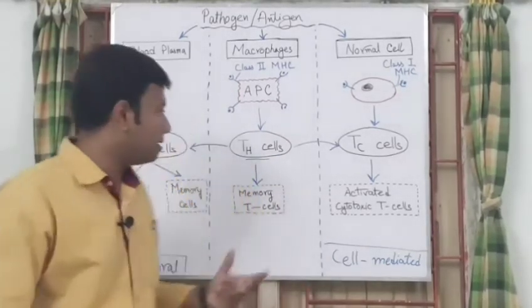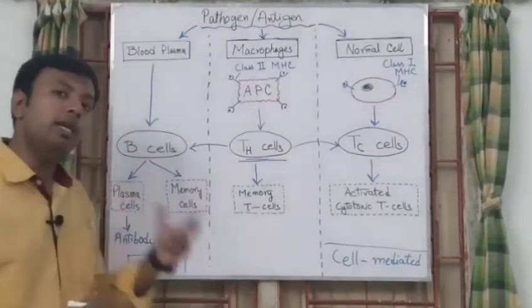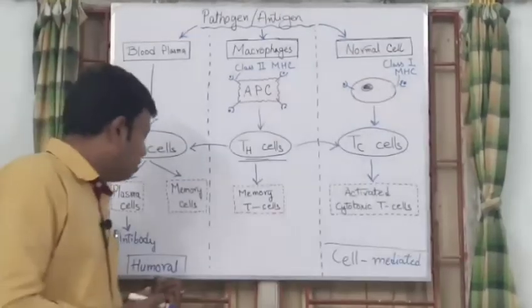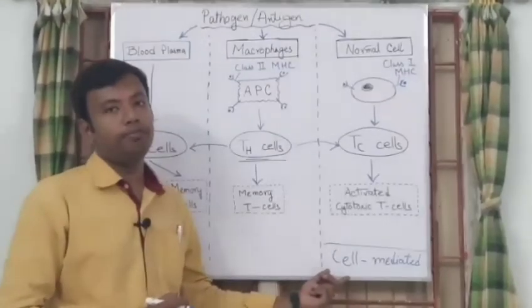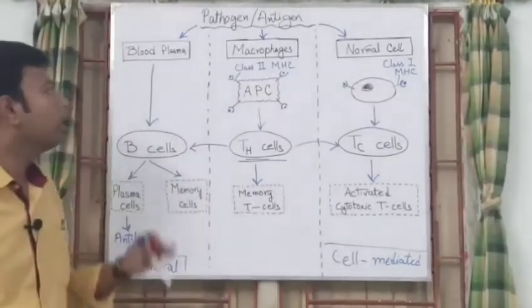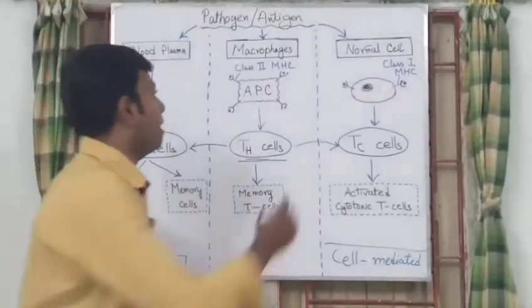Thus, this Th cell or helper T cell plays a critical role which bridges these two mechanisms, humoral and cell mediated immunity.